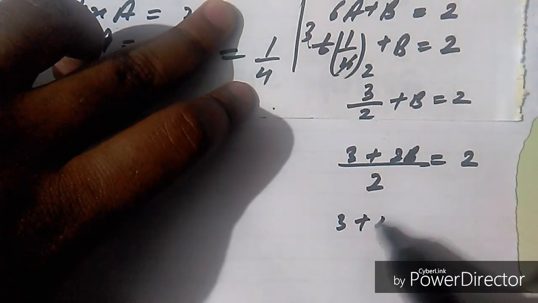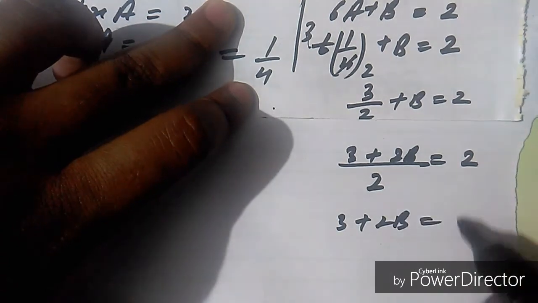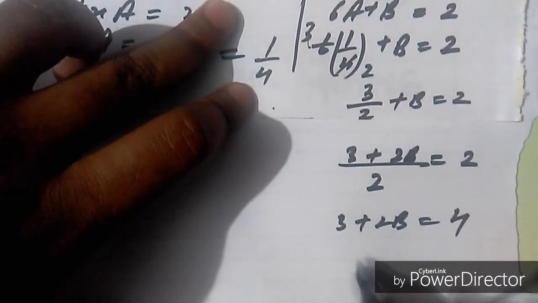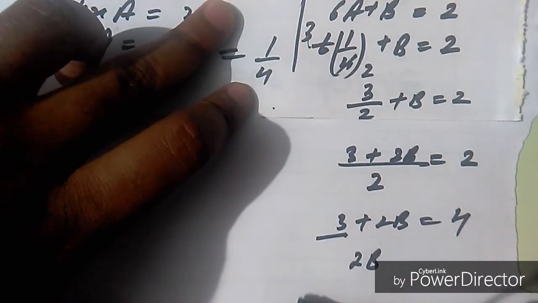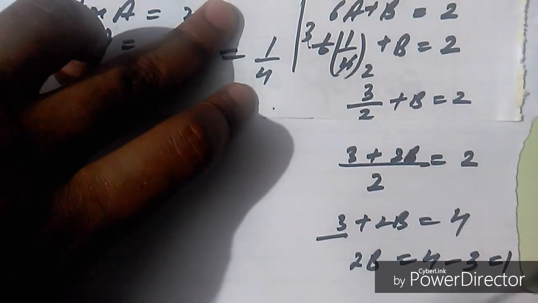that is 3 plus 2b is equal to 4, and the 3 that is positive goes to the other side as negative, so 2b is equal to 1.